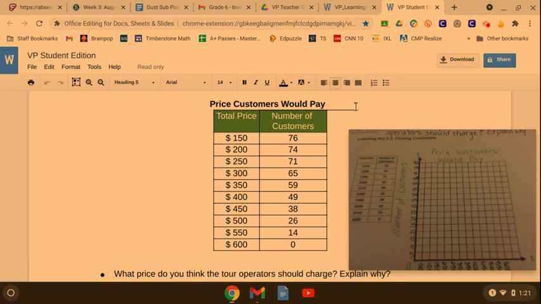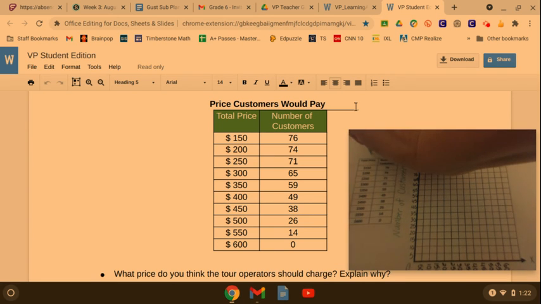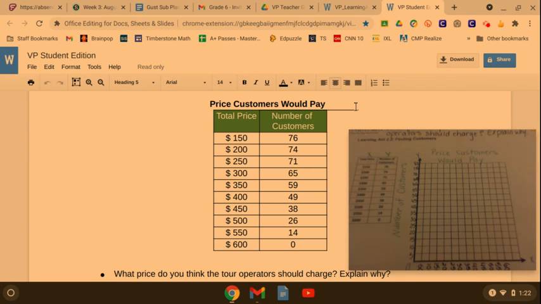Okay, so now you have everything you need to go ahead and successfully graph those points in the table. Remember, when you go to graph that you're going to go over x and up y. Over x and up y. So this is our x, this is our y. So if I go to graph one of my points, let's say I want to graph the very first one. My price is $150 and I have 76 customers.